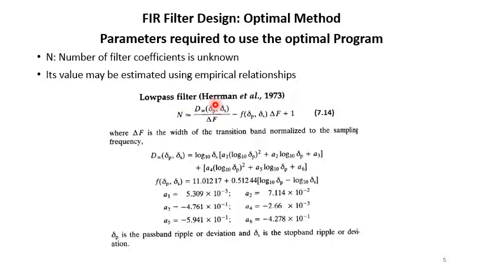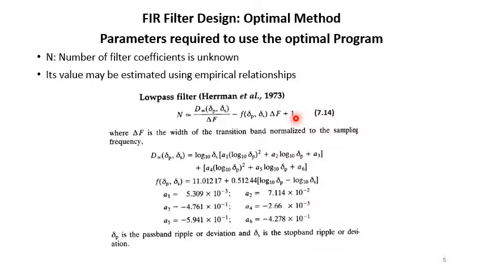They proposed it in 1973. Based on this method, the number of coefficients equals D infinity function of delta p and delta s over delta f, minus f function of delta p, delta s, multiplied by delta f, plus 1.